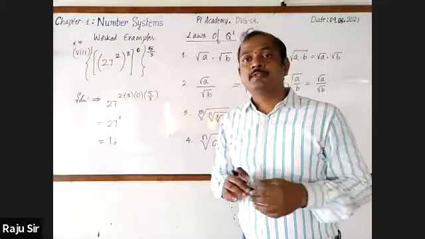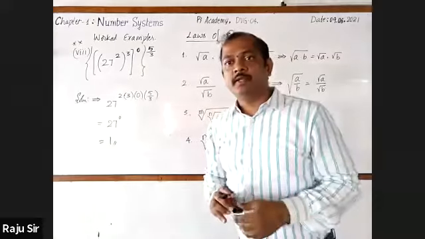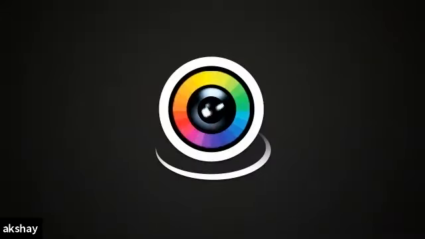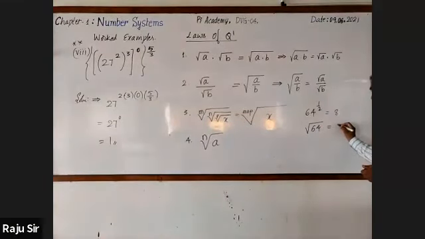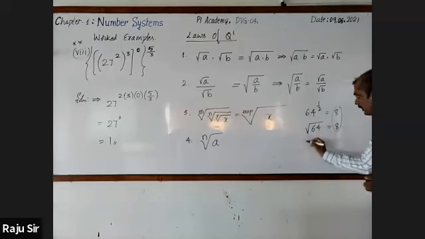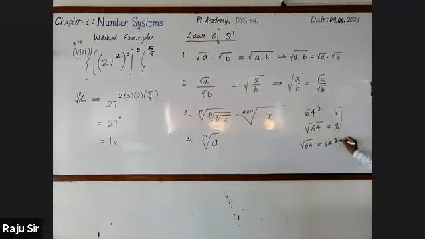We solved some problems based on the law of exponents. In that, one problem was 64 raised to the power 1 by 2, and you got its value as 8. We also know the square root of 64 is 8. If both values are equal to 8, are these two equal? Can square root of 64 be written as 64 raised to the power 1 by 2?